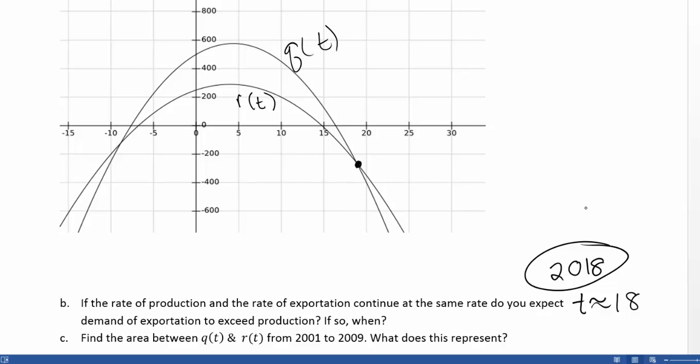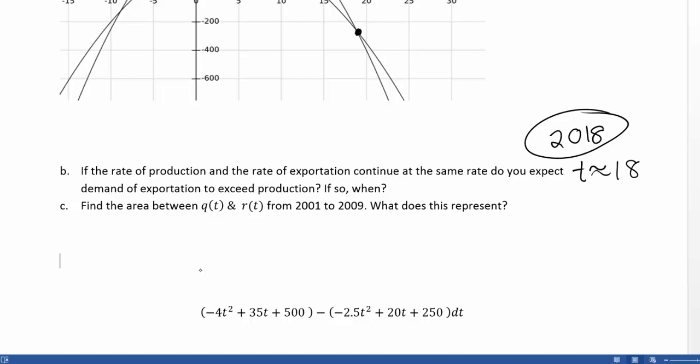And then we're going to have to do our Q of t equation minus our R of t equation. So that's going to look like this. So we're going to have our top function, which we said was Q of t, minus our bottom function, which is R of t, from time equals 1 to time equals 9 dt.